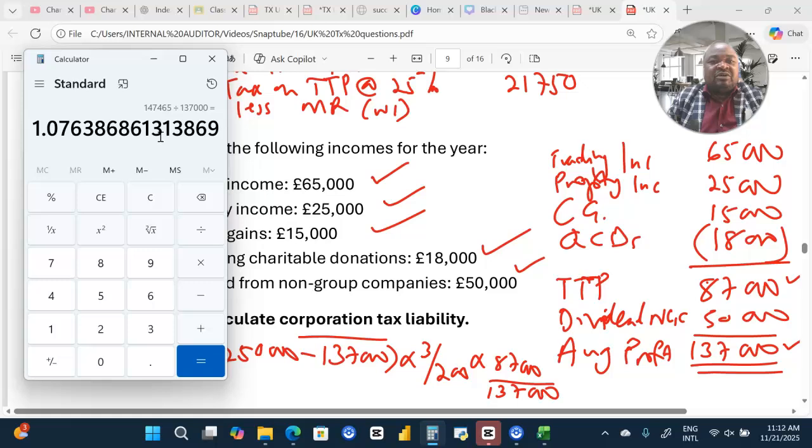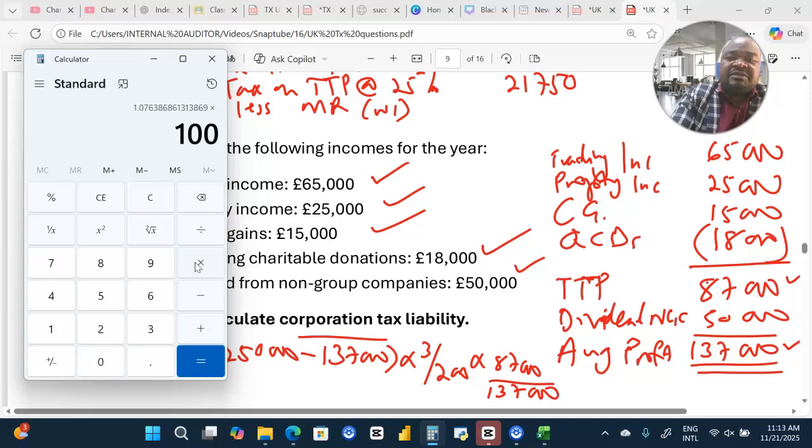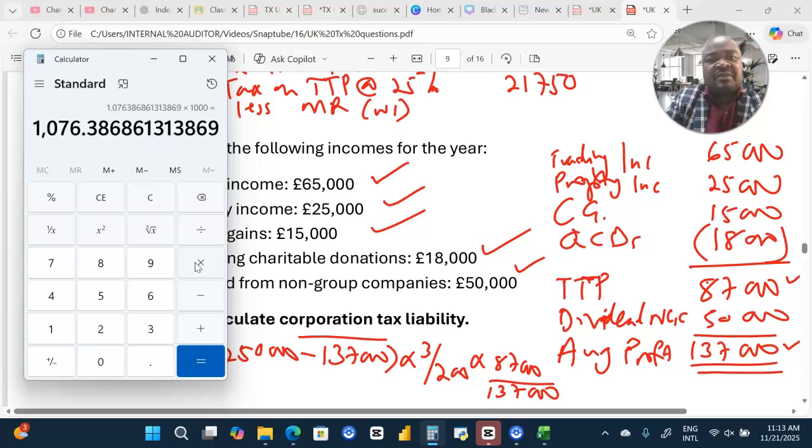Remember the first figures were in thousands, so you multiply that one by 1,000. That should be our marginal relief.